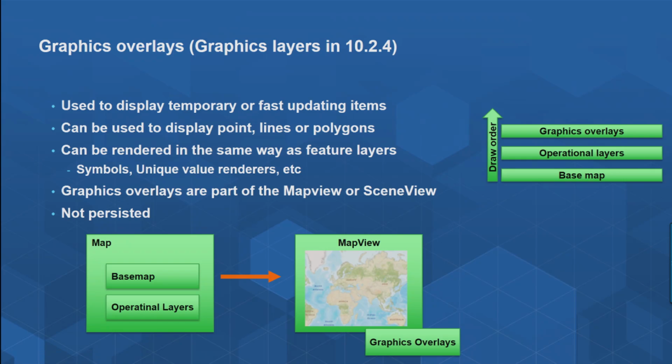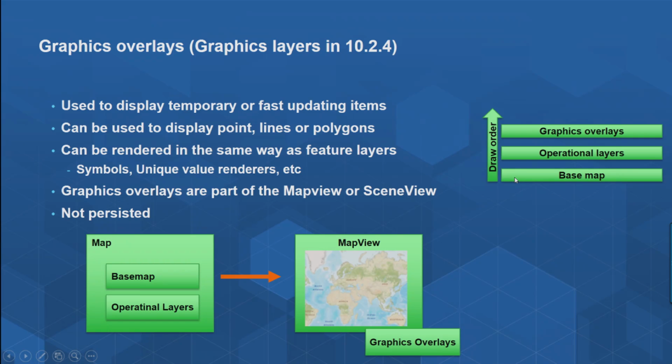The reason we've done that is that the data is not persisted. It doesn't come out of a map. A map could potentially be inflated from a portal item, a web map that you've got on ArcGIS Online. So the graphics overlays, because you're responsible for the content of the data in there, are associated with the map view.